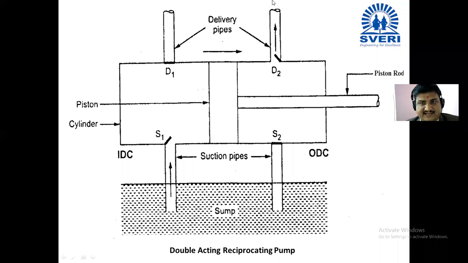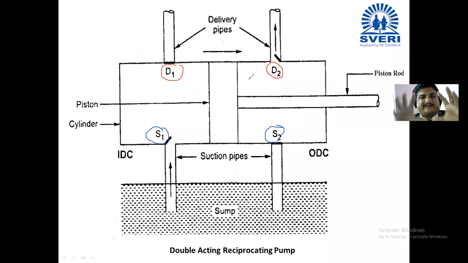In a single acting reciprocating pump, only one suction pipe and one delivery pipe is there, but here you can see suction pipe number 1, suction pipe number 2, delivery pipe number 1 and delivery pipe number 2.